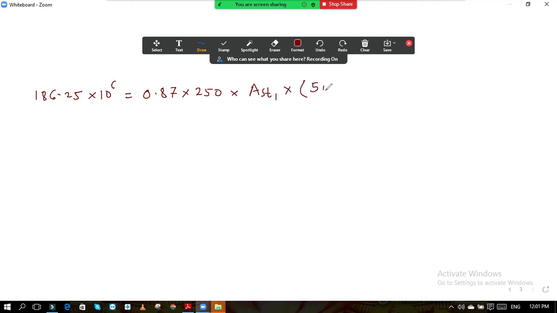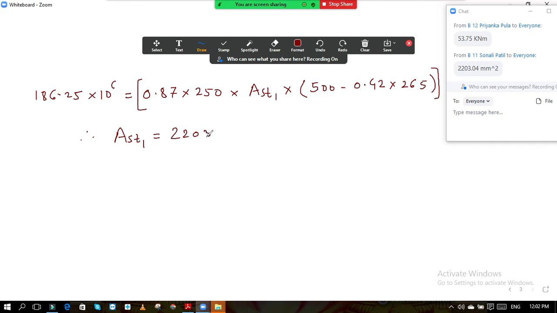So D is 500 minus 0.42 into XU, which is 265. Now solve this, and you will get the value of AST1, which is 2203.04 mm square.